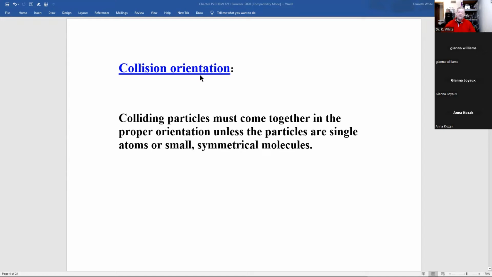So what that means is things like in your body, your enzymes, when they form reactions or other things form reactions, they have to be oriented properly. And what's an example of that? Hold on while I get it out.